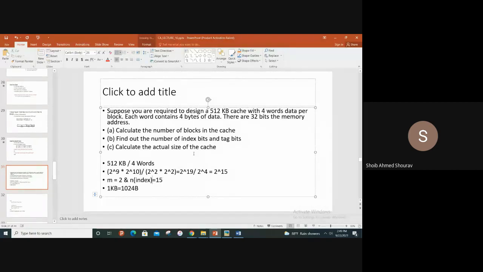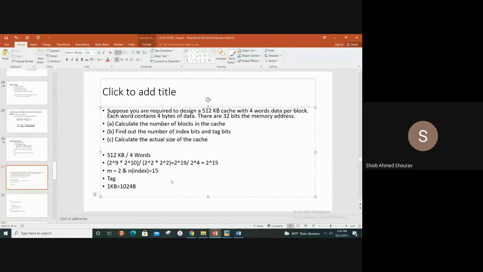And if we want to find out the tag bits, we need to use the formula. What is the formula of the tag bits? Can you please tell me what will be the tag bits in here? Because we have to find out the tag bits.